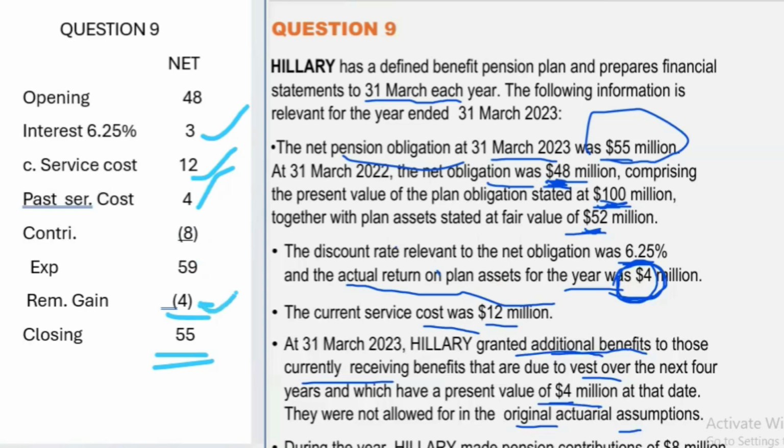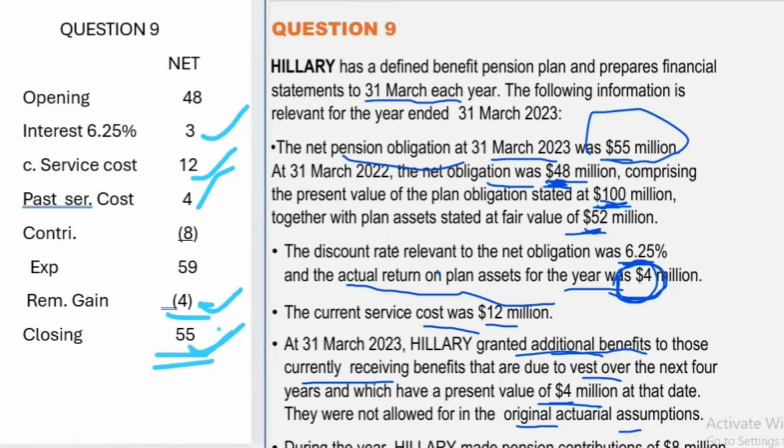Then we have a remeasurement gain of 4 million, which we record in other comprehensive income, and record this 55 closing figure as net obligation in the statement of financial position as a non-current liability. So that's it about this question.